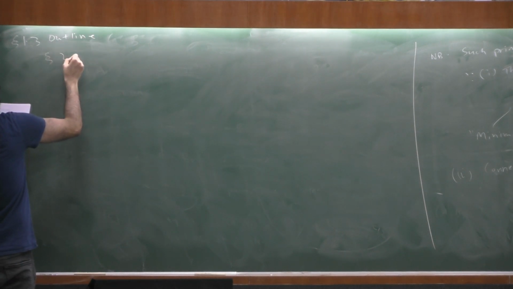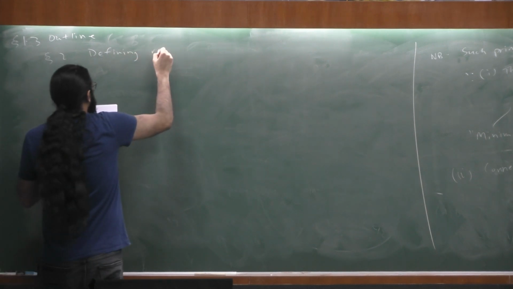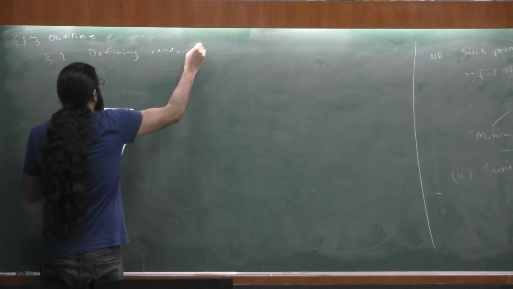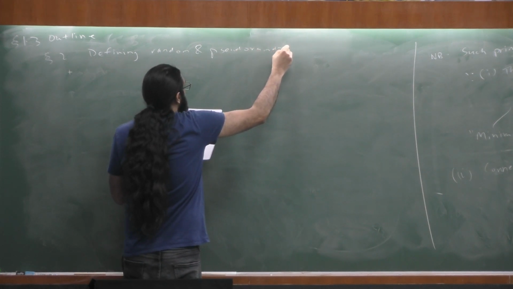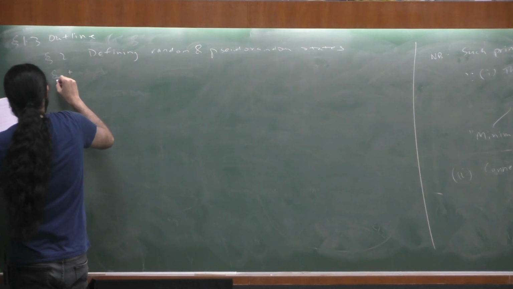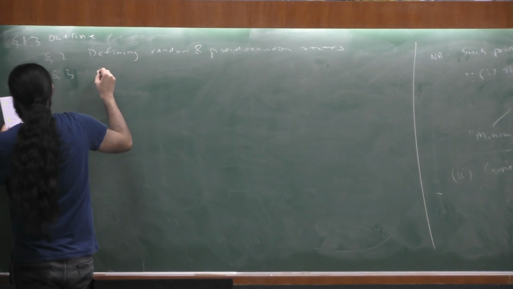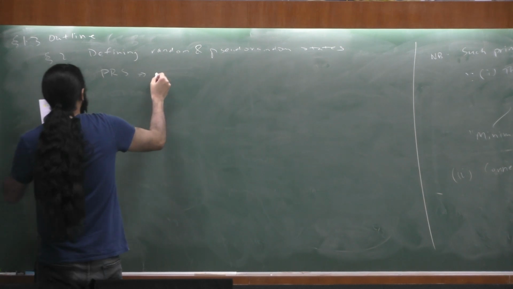So section 2 is now going to be defining random and pseudo-random states. Section 3 is going to be to show that PRS imply commitments.